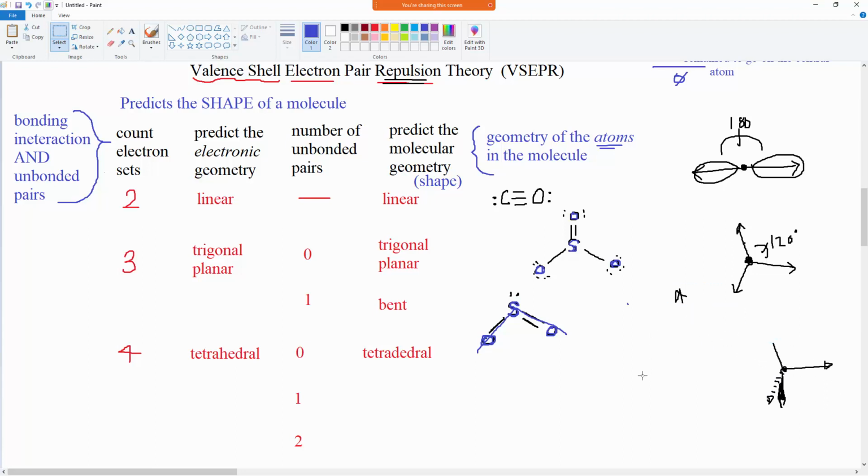Move this down here. Kind of like this idea of having the blue atoms and the black electrons.